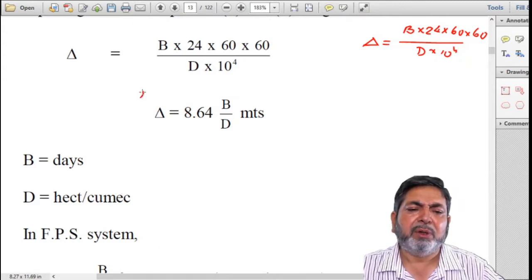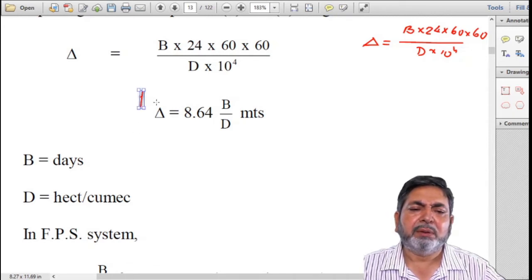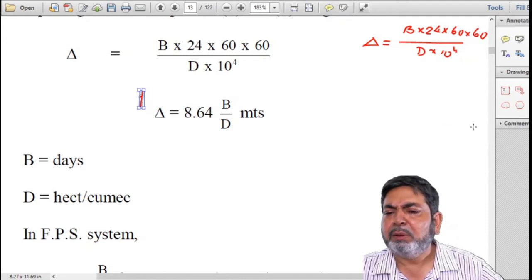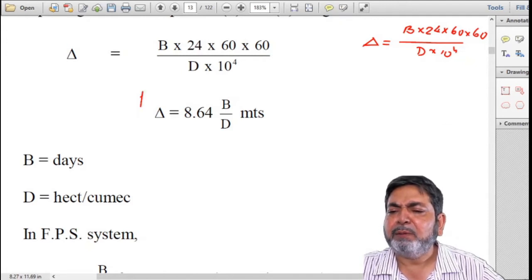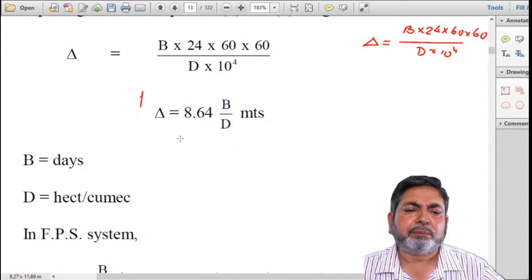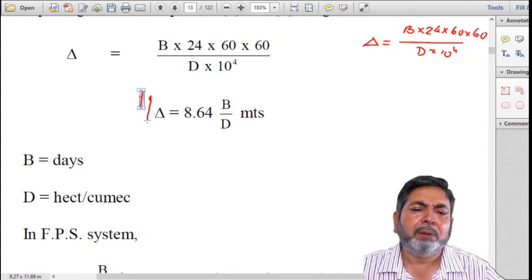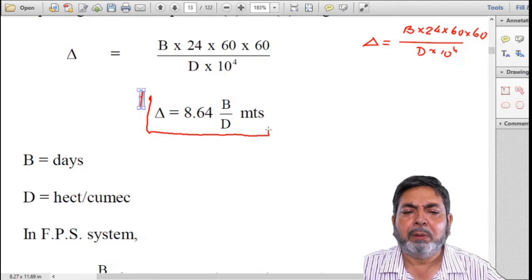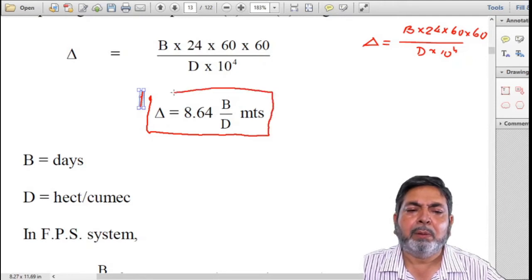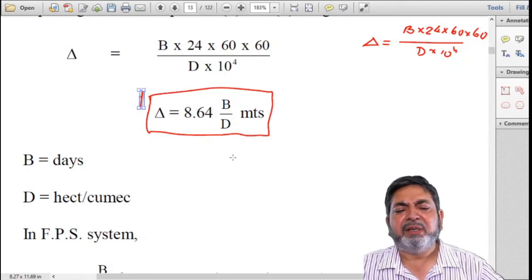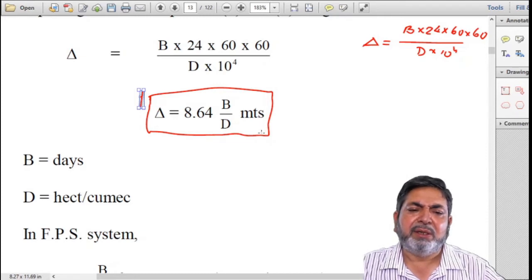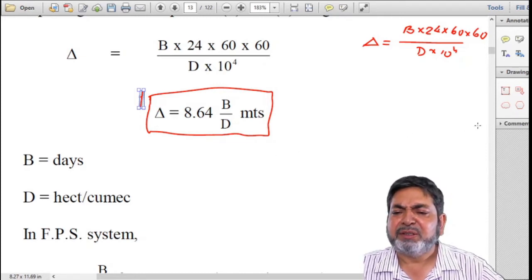So this is a very important relation, and you have to remember it. And this relation is in MKS units. The delta is in meters.